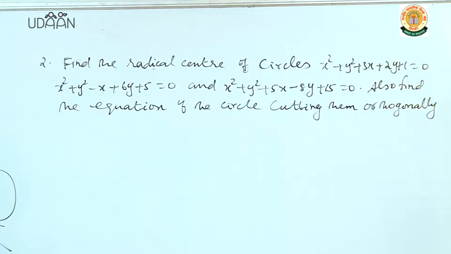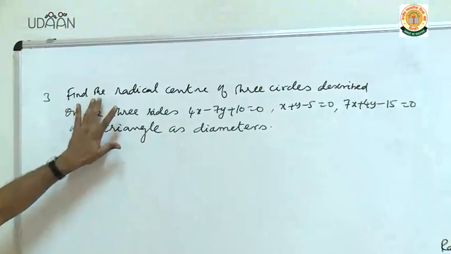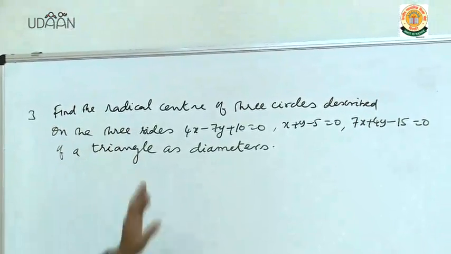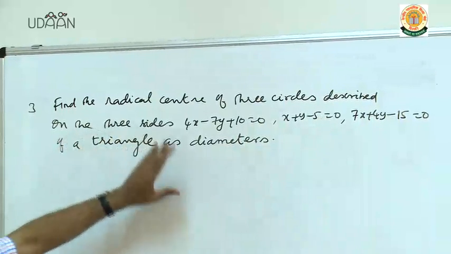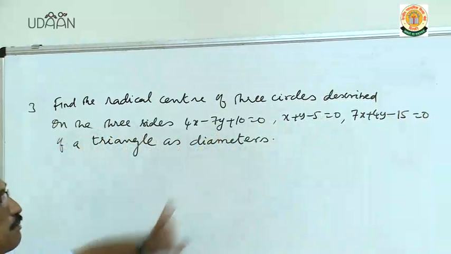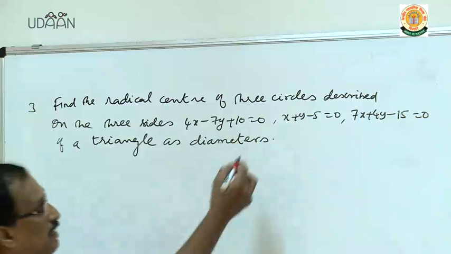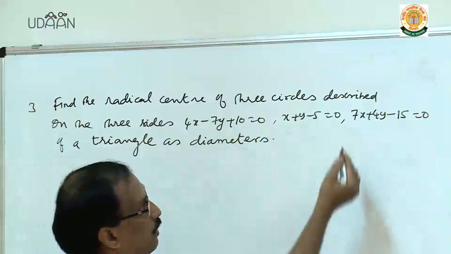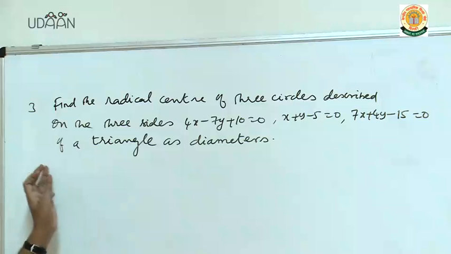Now we come to question number 3. It says: find the radical center of the 3 circles described on the 3 sides 4x minus 7y plus 10 equal to 0, x plus y minus 5 equal to 0, and 7x plus 4y minus 15 equal to 0 of a triangle as diameters. Already we have seen the properties of the radical center.